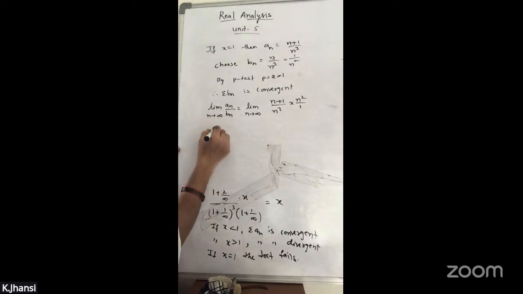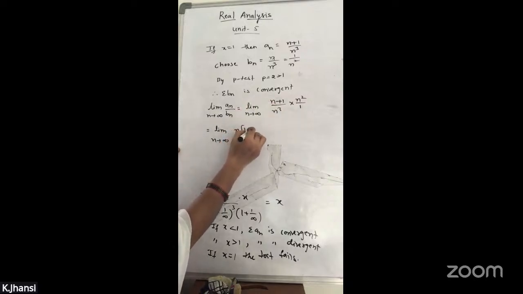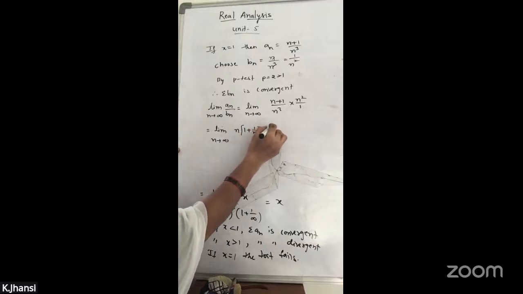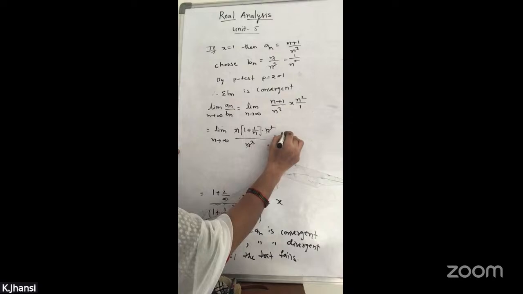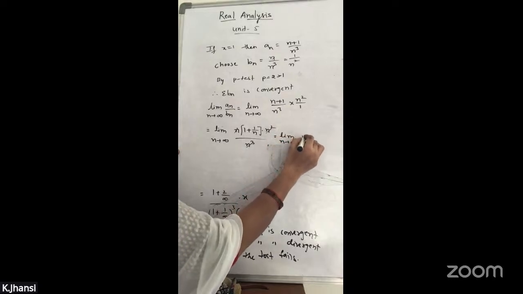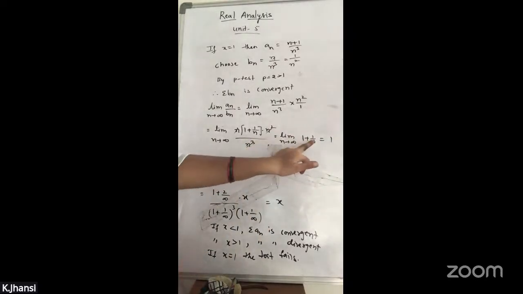If you take n outside, n into (1 plus 1 by n) into n square by n cube, so n cube and n cube get cancelled. If you substitute n as infinity, 1 plus 1 by infinity is 0, so 1 plus 0 equals 1. So we have got a finite non-zero number.